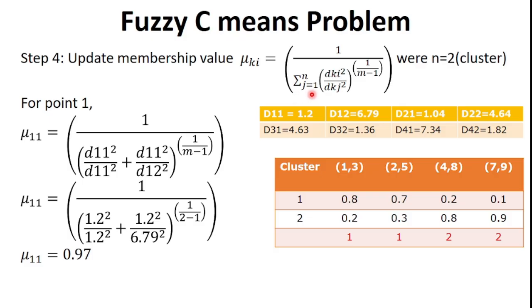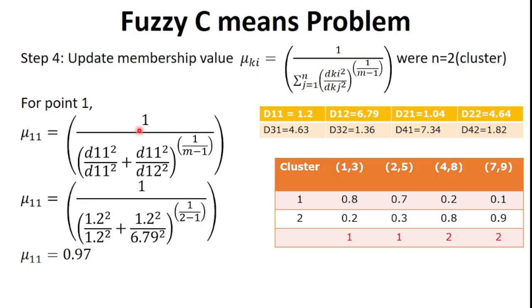Let me consider the first data point. We have already calculated D11 and D12 in the previous step, and we know the membership values we assumed in step number 1. With that, we update the membership value mu11, where k is 1 and i is 1.